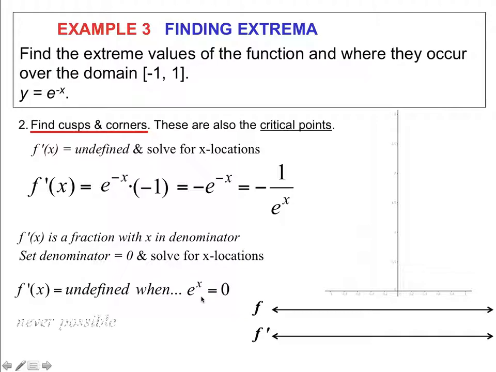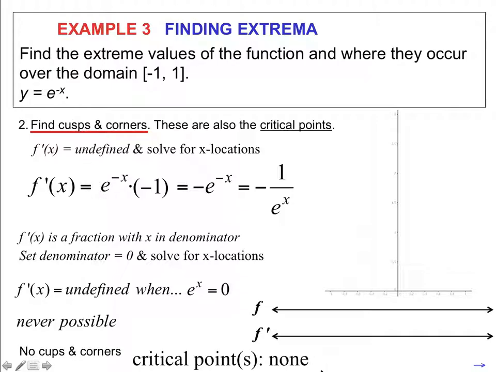And so when we're looking at e to the x equals 0, there's never a possibility for this to equal 0. E to the 0 is 1, so that doesn't work. And any negative or positive value of x will not give us a 0 value. So not only are there no hills and valleys, there are no cusps and corners.